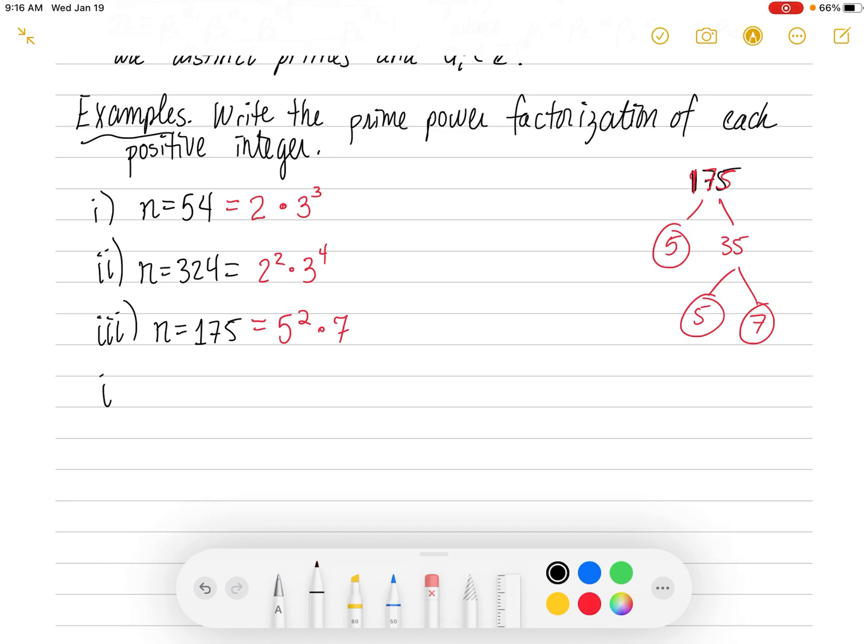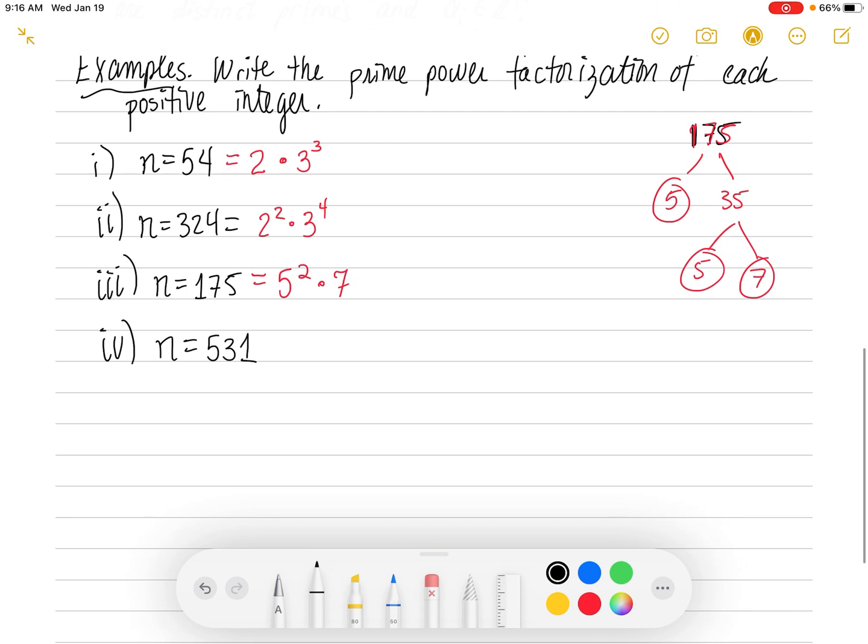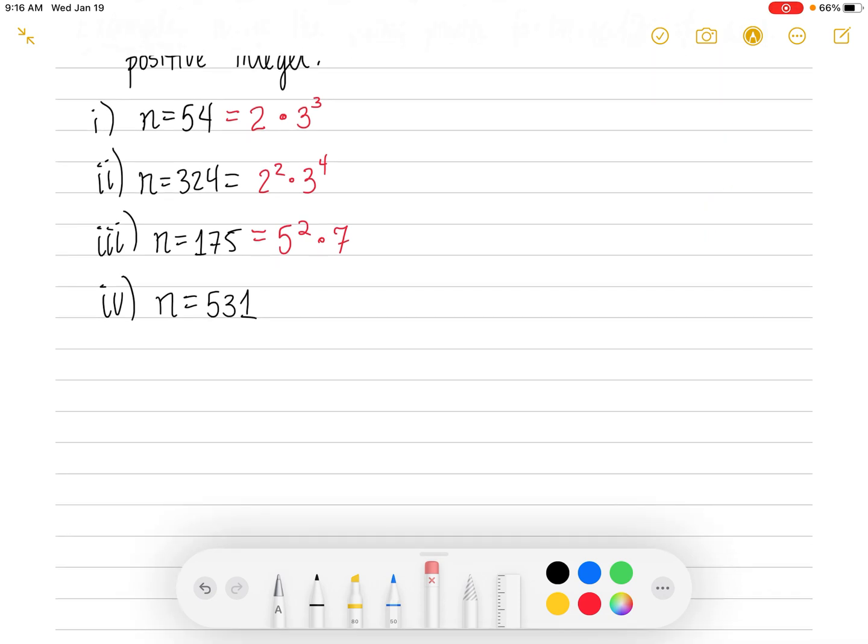Okay, one more, number 4. We have 531. Now, I'm not quite sure off the top of my head, just inspecting it, what I could factor that by. But I know a trick. Here's an important fact. I'm going to write this down below this problem.